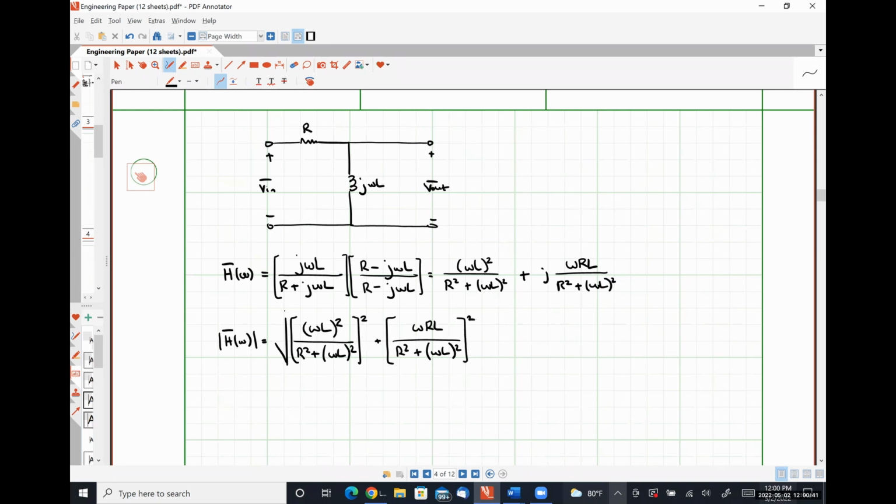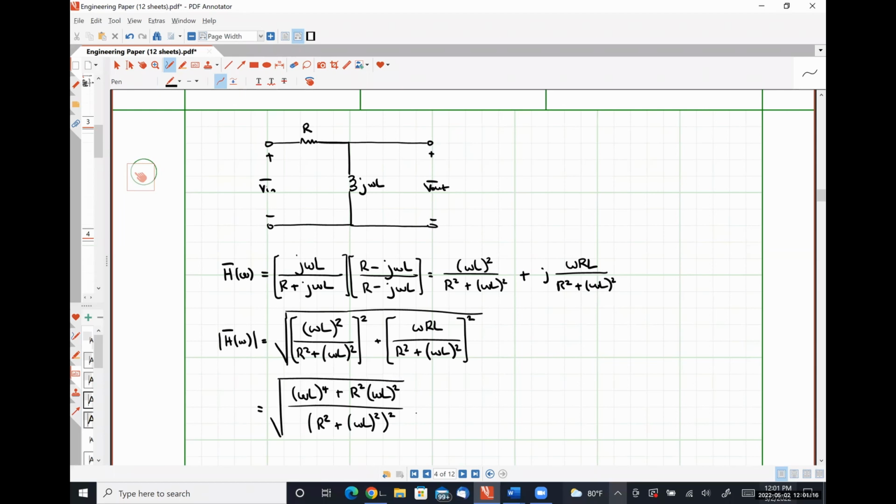Square this whole thing. And so what this is going to look like is this. So we're going to have R squared plus omega L squared, quantity squared. In our numerator, I'm going to have omega L to the fourth power plus R squared times omega L squared.